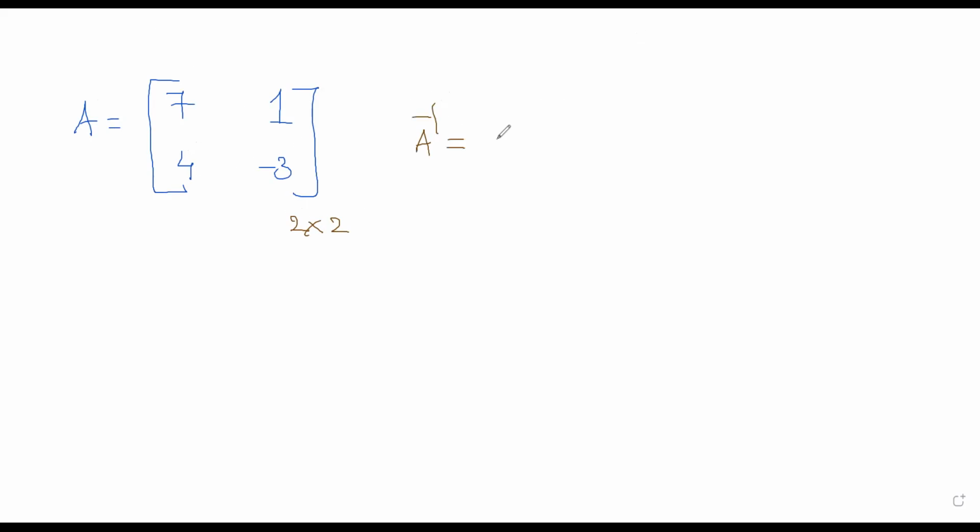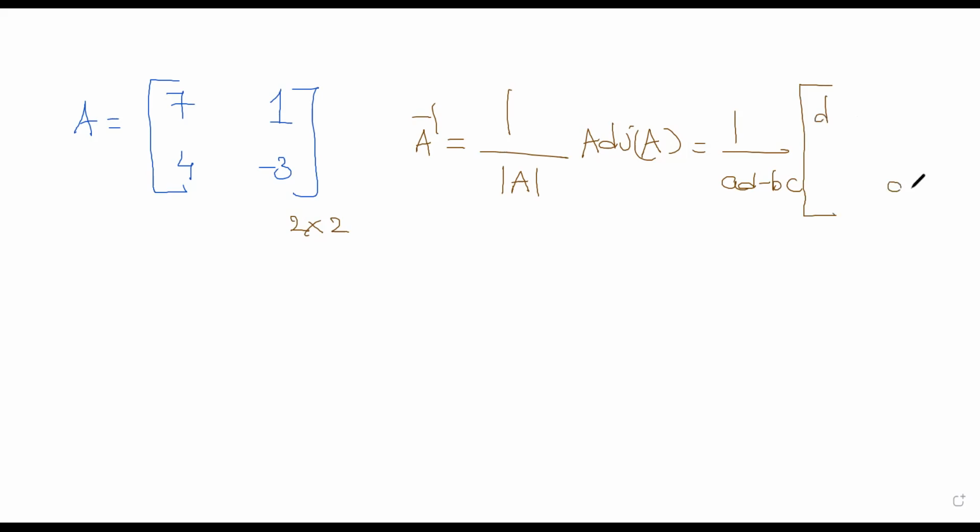What is the 2 by 2 method? A inverse is 1 by det A times adjoint A, the formula is the same, but here det A is AD minus BC, and the adjoint is D, minus B, minus C, A. This is the method. So let's give the values.